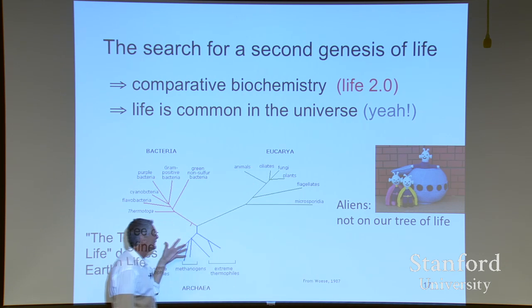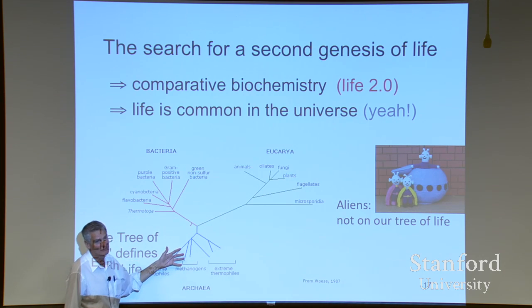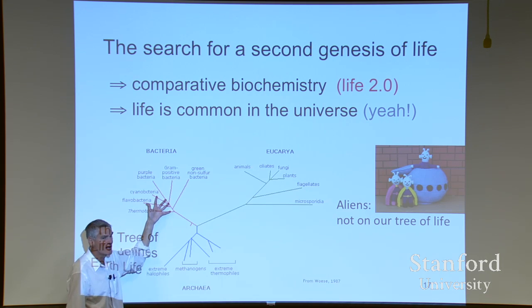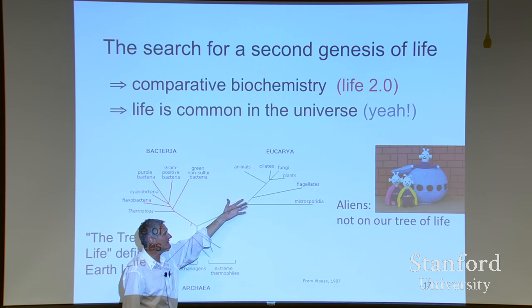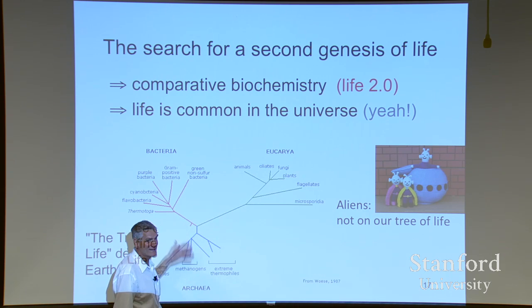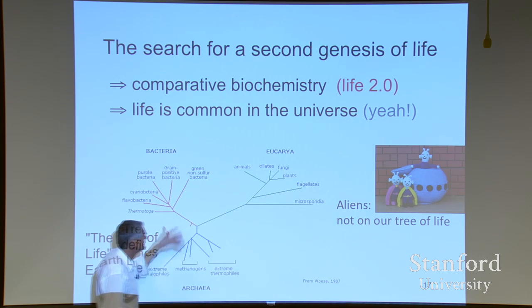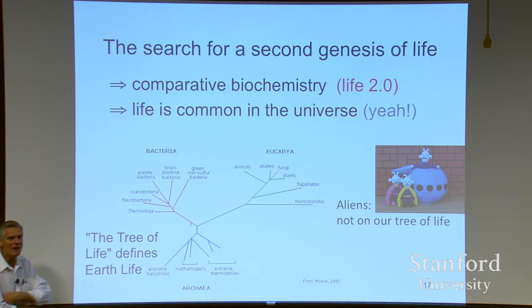But here, they all look the same, roughly speaking, but they have different chemistries. Some like oxygen, some don't. Some use sulfur, some use iron. All the metabolic diversity in the biosphere is in these two branches. So looking at these guys, you could see that they must have had ancestors or cousins that had more diversity than they do. But looking at these two, I don't think you can infer that one. I'll think more about it, but just thinking about it now on the spot, I don't think so.